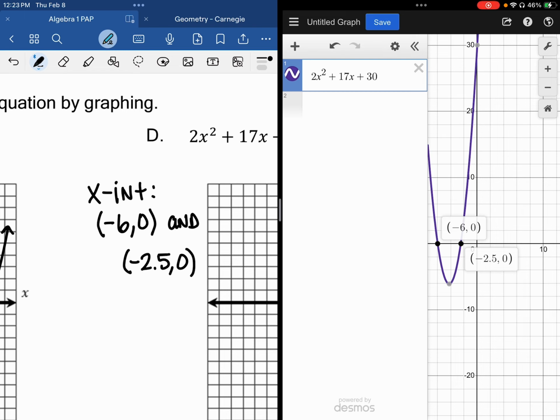If I wanted my graph to be a little bit more precise, I could grab my vertex. That's kind of a nasty vertex. I'm going to leave that one off, and I'm just going to go ahead and graph using my x-intercepts. I do have two solutions this time, x equals negative 6 and x equals negative 2.5.